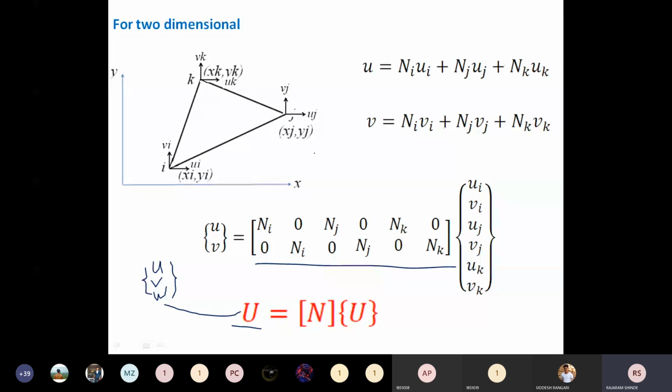Now here in this matrix you will have ui, vi. For three dimensional I will write here ui, vi and wi. Next uj, vj, wj. Okay, uk, vk, wk.